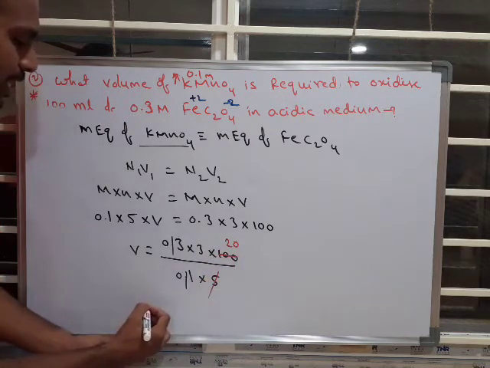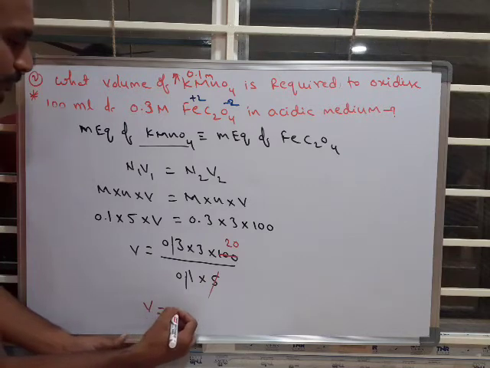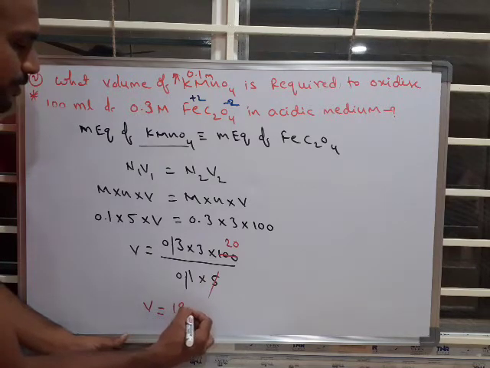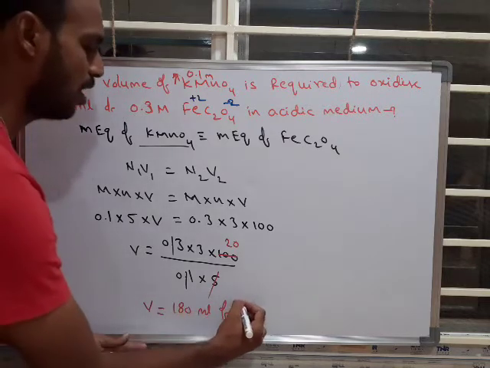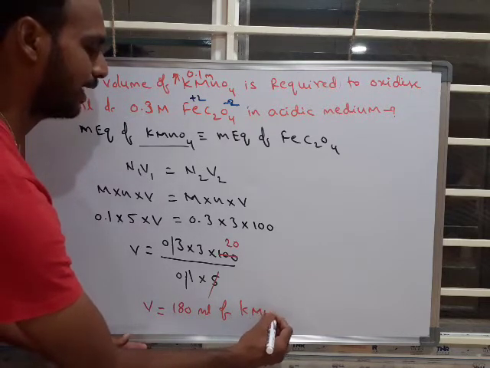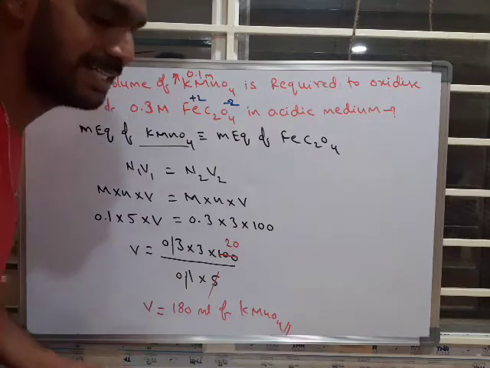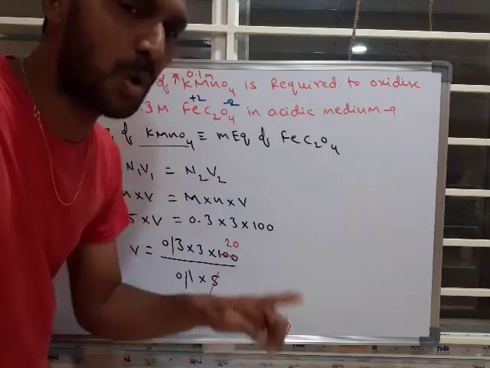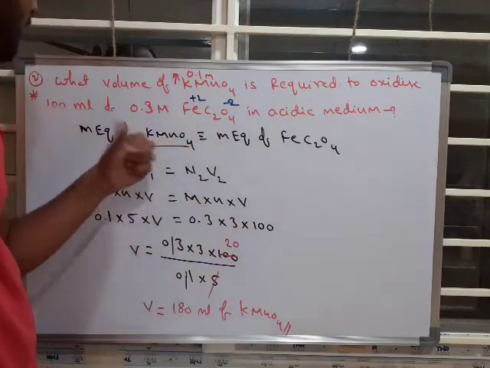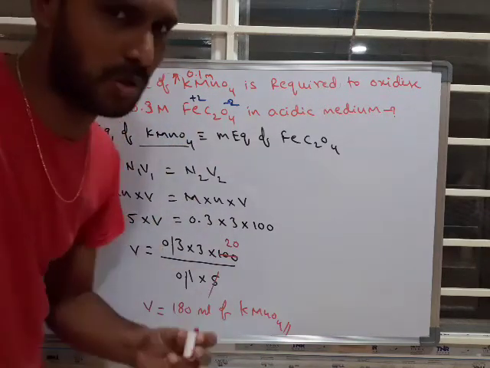So finally we will get how much? 180 milliliter. So 180 milliliter of potassium permanganate is required to oxidize the 0.3 M 100 milliliter of ferrous oxalate. Okay.